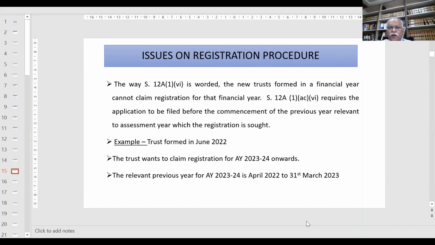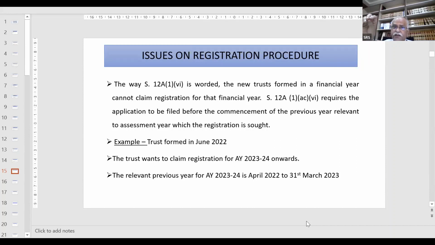A trust is formed in June 2022. The trust wants to claim registration for assessment year 23-24, because the relevant previous year would be from 1st June 2022 to 31st March 2023. The relevant previous year for assessment year 23-24 is April 22 to 31st March 23.